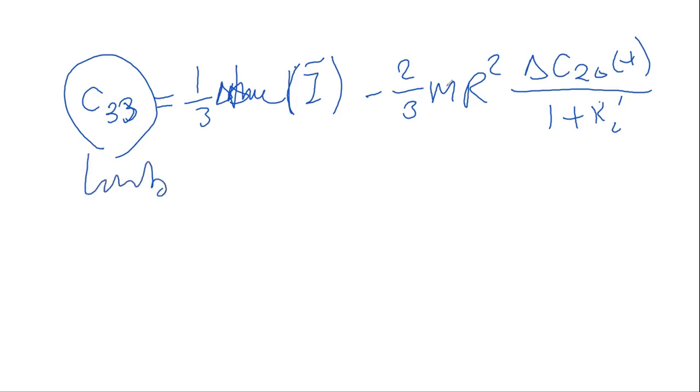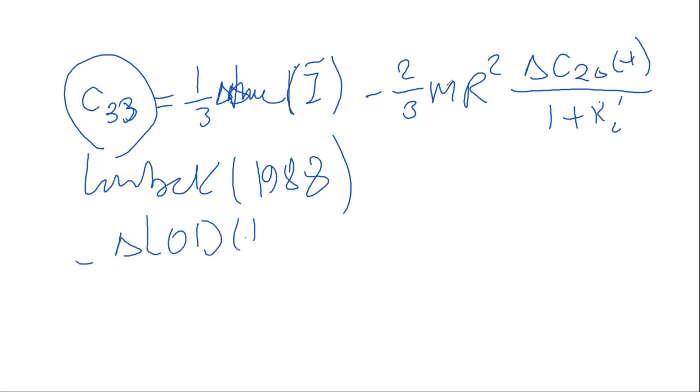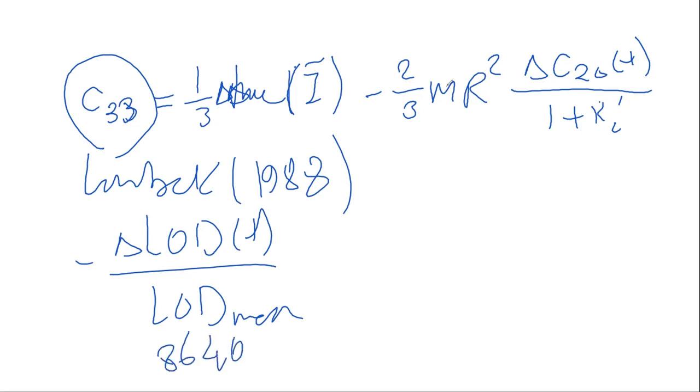Lambeck, as of 1988, said that the changes in the length of the day over the mean length of the day, which is 86,400 seconds, is equal to M3. And what is this M3?